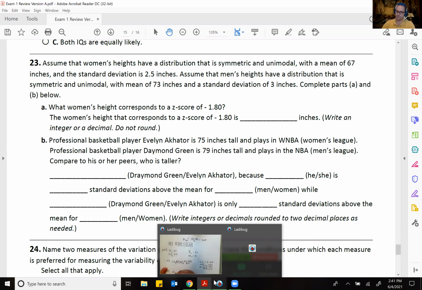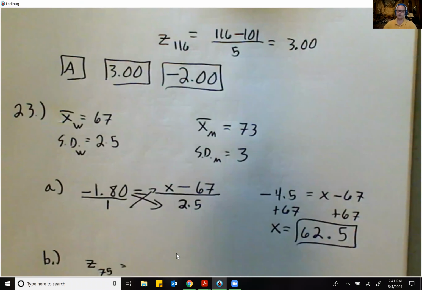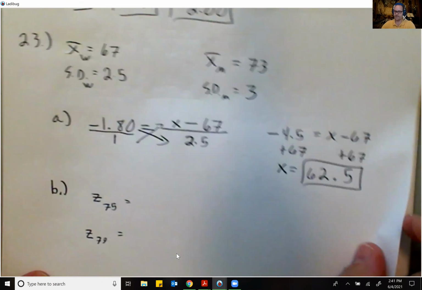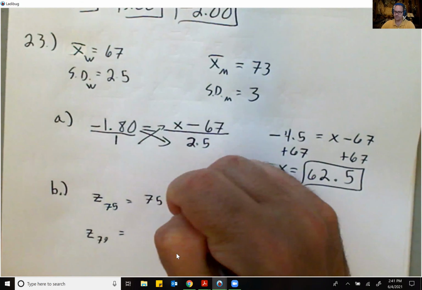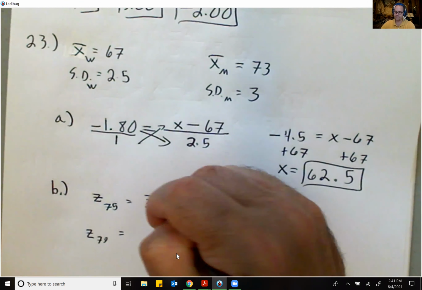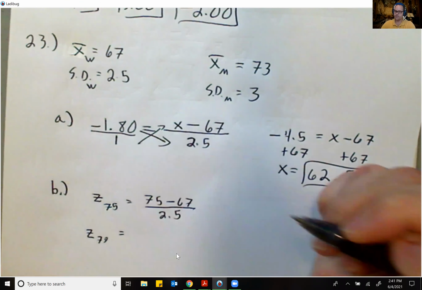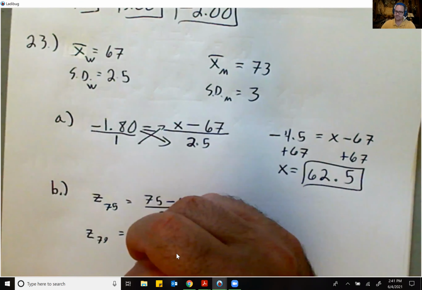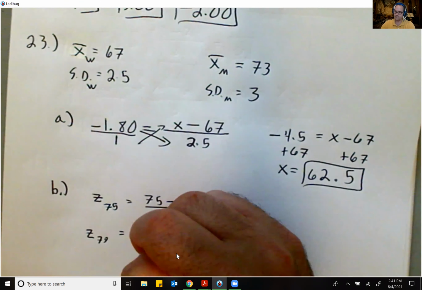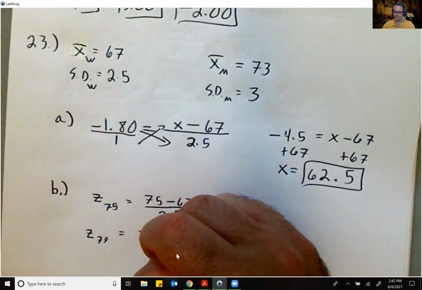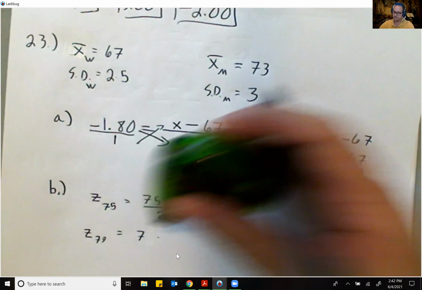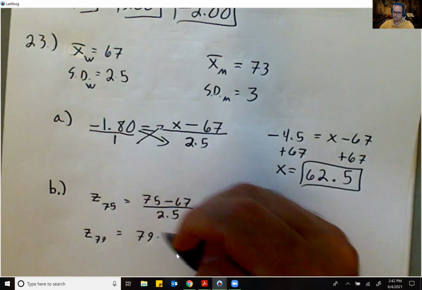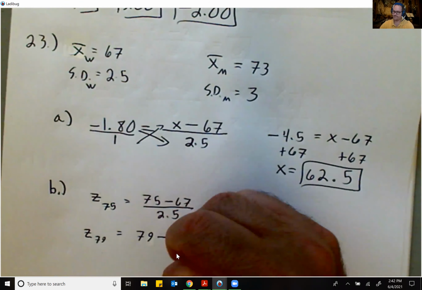So let's do those real quick. We're going to take 75 minus the 67 and divide that answer by 2.5. And we're going to take 79 minus the 73 and divide that by 3.